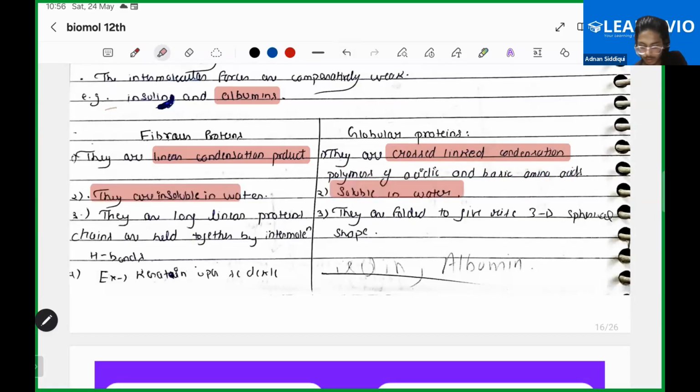Globular proteins are soluble in water, polymers of acidic and basic amino acids. They are folded into a 3D spherical shape, with hydrogen bonding and weak intermolecular attractions. This is the difference, which we already talked about.